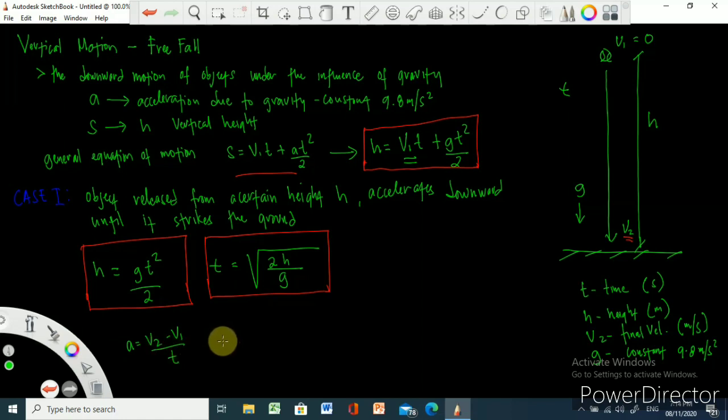So, pag dinerive mo yan, V2 is equal to, V1 is 0, so GT na lang yan matitira. Our equation for final velocity. Ayan. Okay, so, what else?